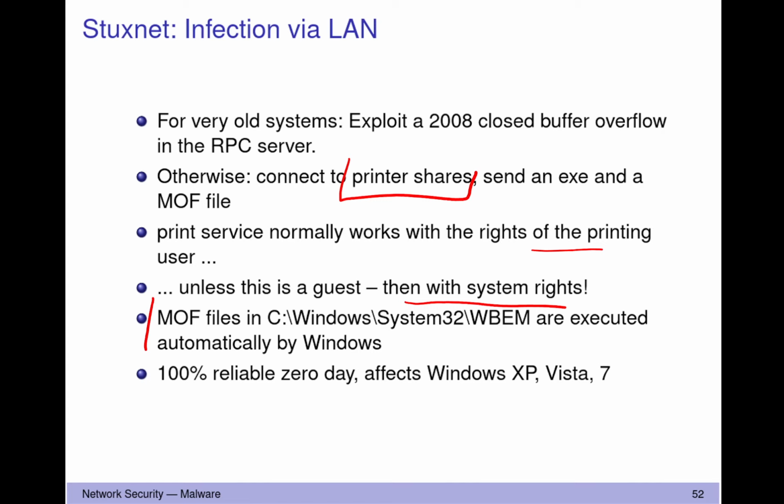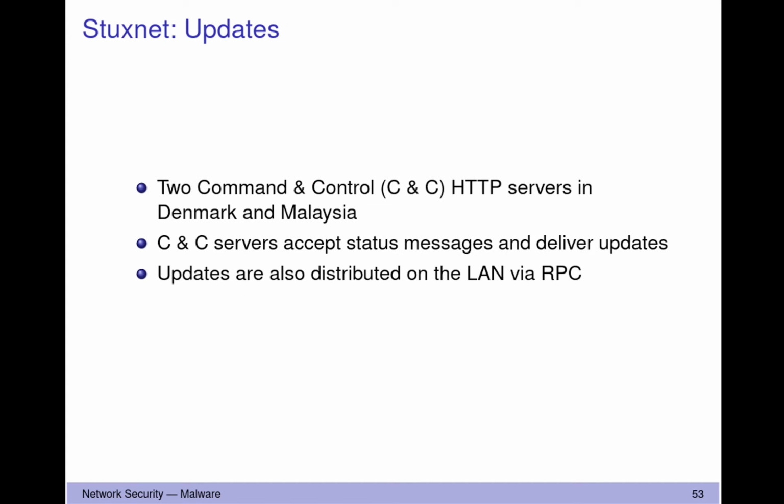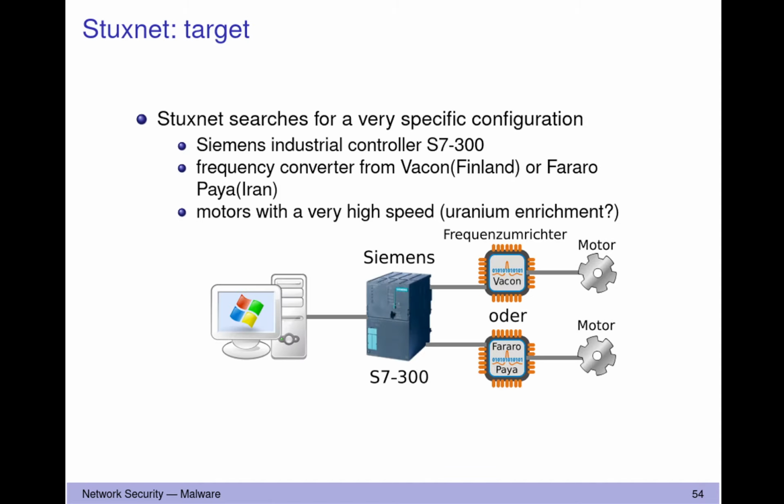So they could be executed when plugged in by USB stick, then escalate their privileges, then send such messages around in the local area network to other machines in the same network to infect them all. Basically they had 2 command and control centers in Denmark and Malaysia, which was also distributed over the LAN internally. And then the question is, what was the big target?